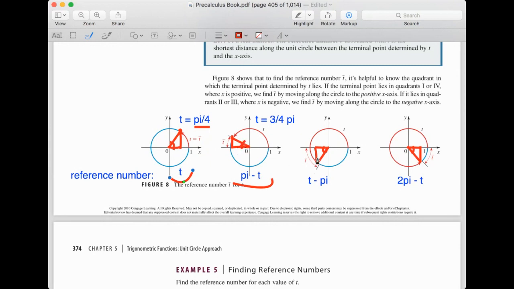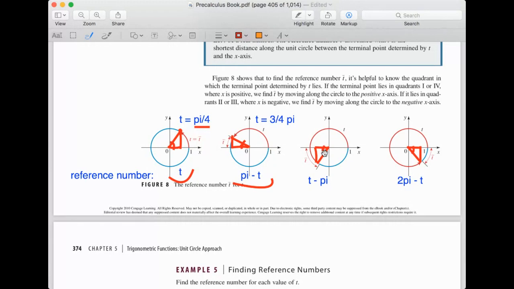Similarly, if the point is in the third quadrant, we do the same thing. We connect the point with the origin, the coterminal line. We drop a perpendicular line to the x-axis, so we have this triangle to talk about. Then the reference angle would be this angle in the triangle, the one formed around the origin.